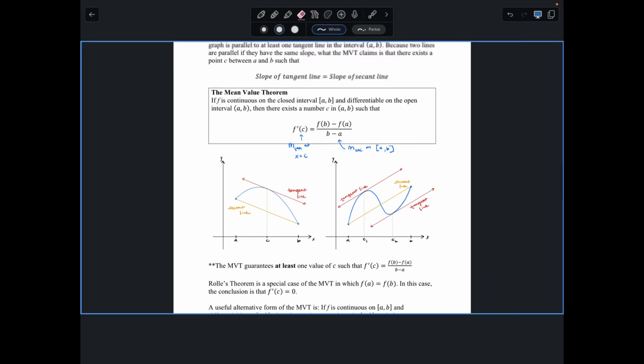You could think about it, if the conditions for the mean value theorem apply, when you calculate the average rate of change on the interval, if f of a equals f of b, you would just get 0. College Board only references the mean value theorem, but if you recognize you're in a Rolle's theorem situation, you can use Rolle's theorem as your justification. That's allowed.